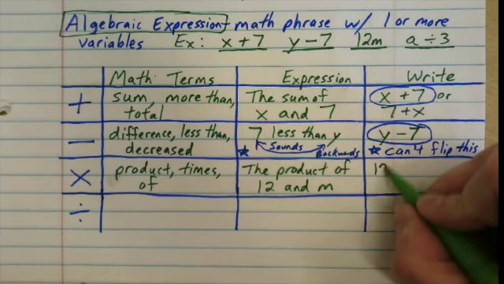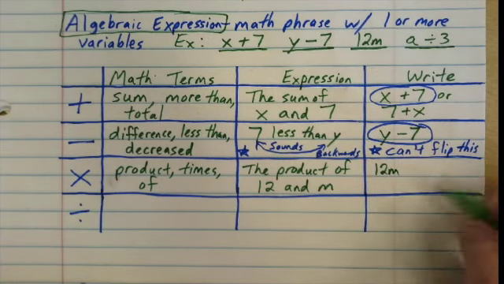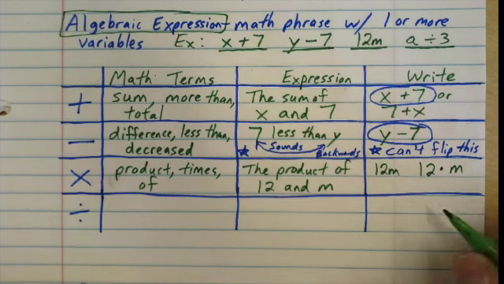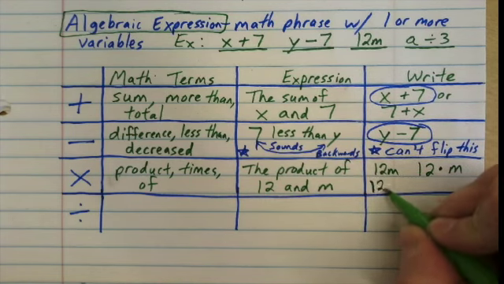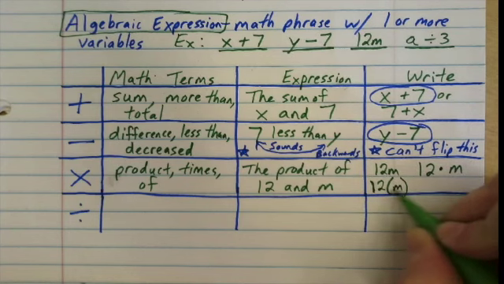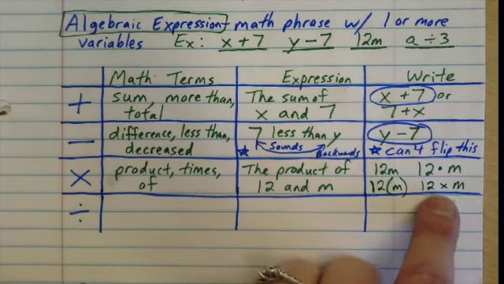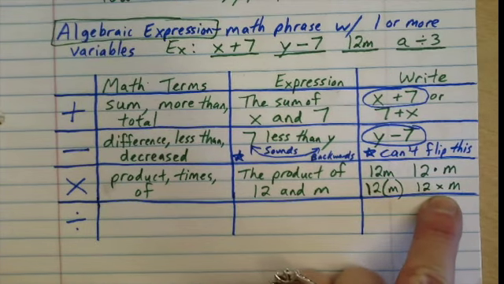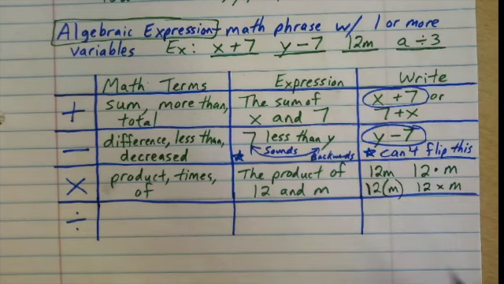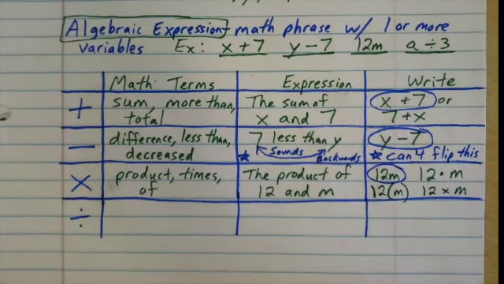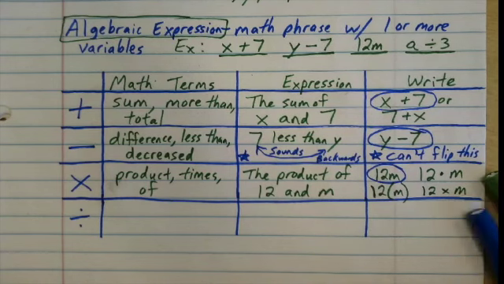Ways you could write that: 12 next to an m means 12 times m, 12 dot m, 12 in parentheses m, because that means to multiply next to it. You could say 12 x m, but this is probably the least preferred because now it looks like 12xm, and you don't know if this is multiply or if this is supposed to be a variable. The most common way you're going to see multiplication is a number right next to a variable.